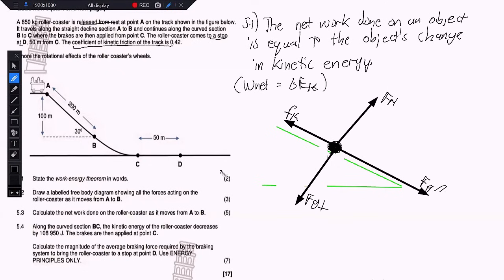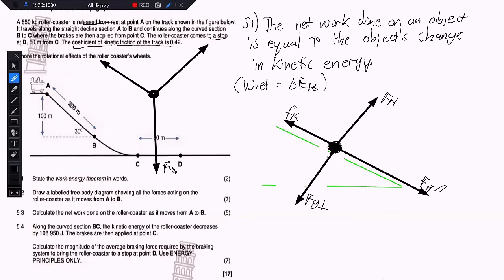But then again, still mention that if you prefer not to resolve, this is how you will have it. And then your Fk like that. So if you don't prefer to resolve, this is how your free body diagram should look like.